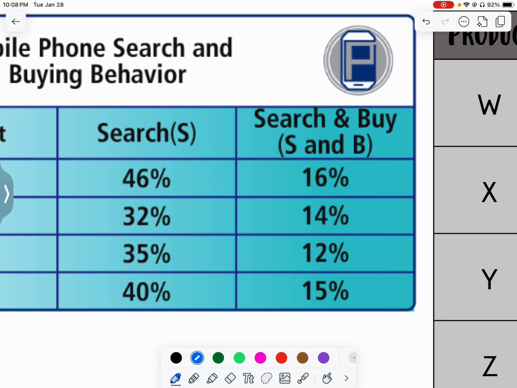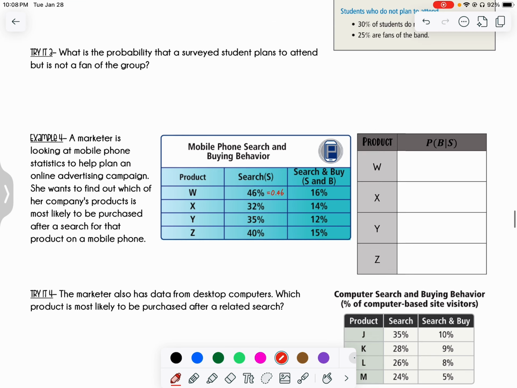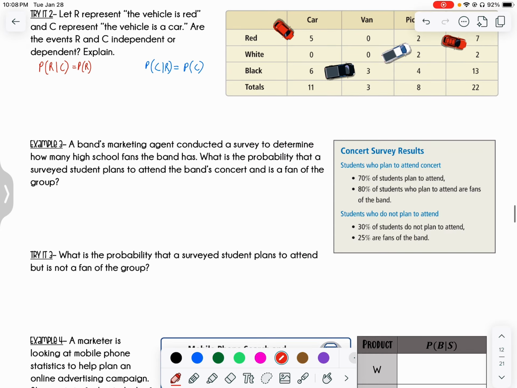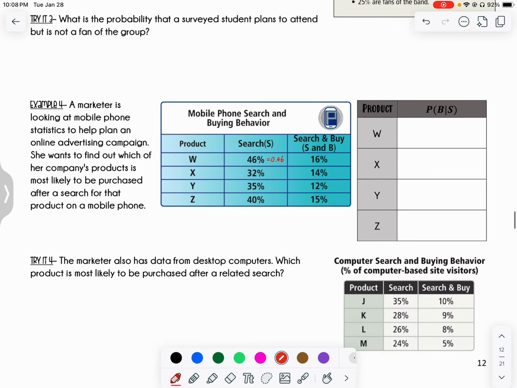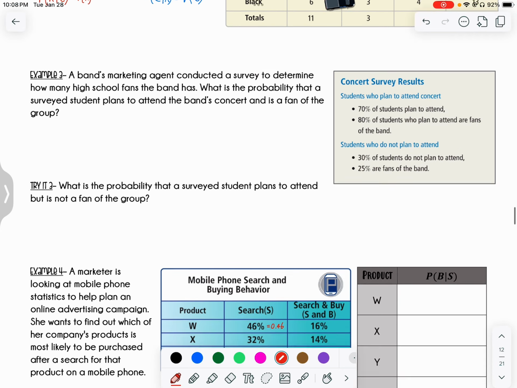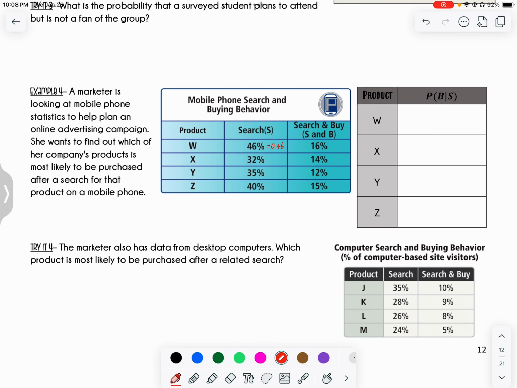One of the things that you could do with these percentages is convert them to decimals and work things out the exact same way we've done before, 0.46. So go ahead and do that, and I will talk to you about this tomorrow when I get into class. But you've got 2 more sets of problems to work on. Example 3, try it 3. Example 4, try it 4.